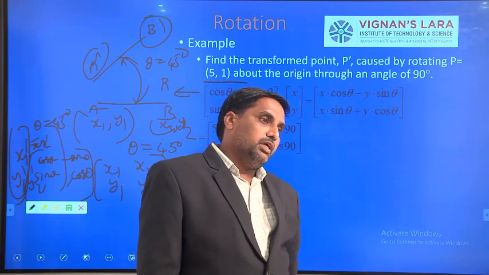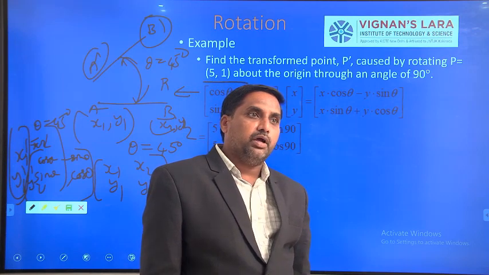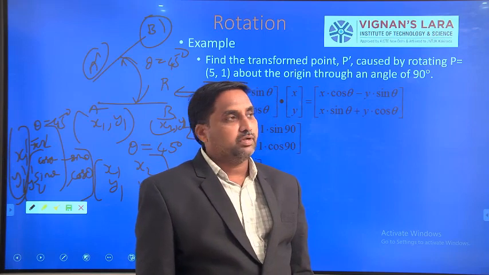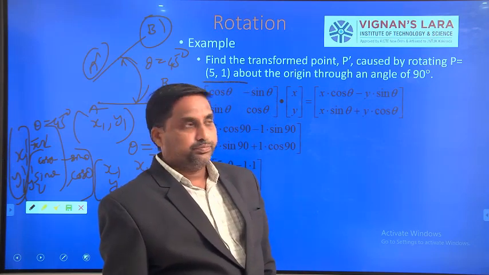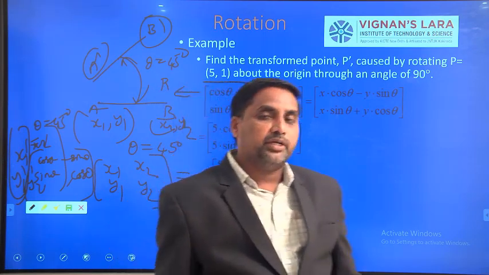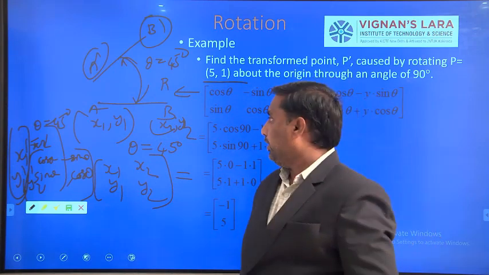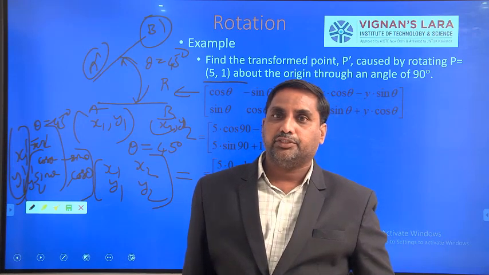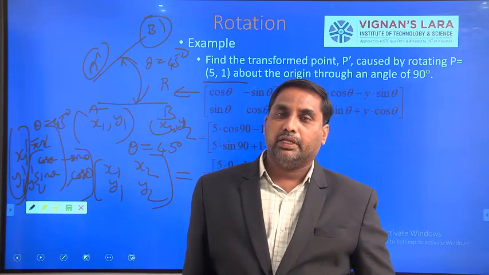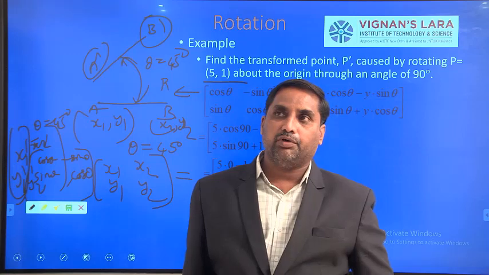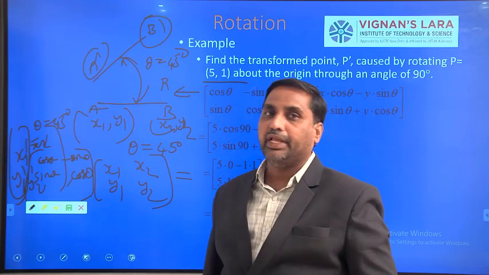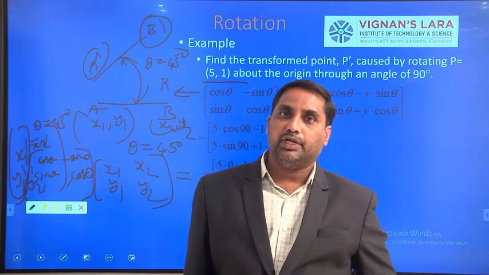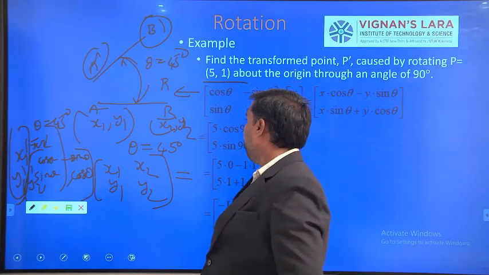For a point we have only x1, y1, and the rotation matrix is common for a point, straight line or triangle. For a straight line we have x1, x2, y1, y2, and for a triangle x1, x2, x3, y1, y2, y3. Finally, you get x1 dash, y1 dash, x2 dash, x3 dash, y2 dash, y3 dash as the final coordinates.